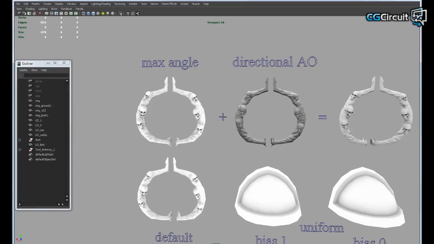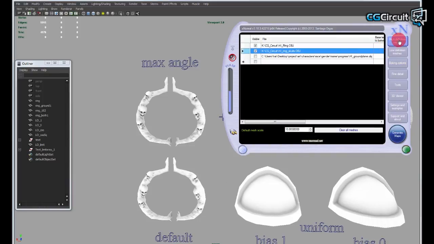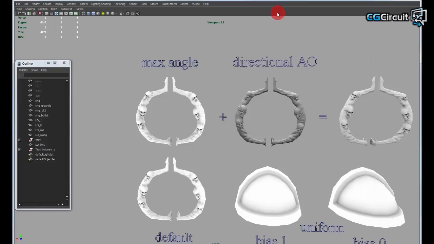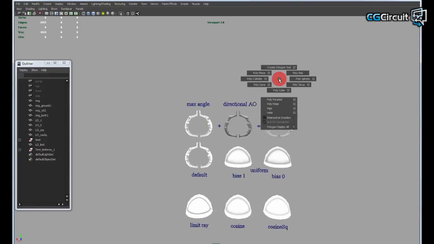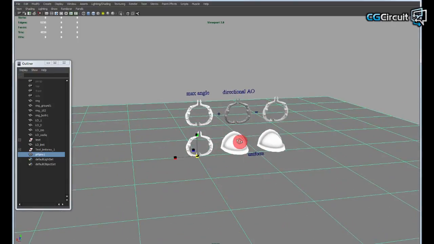If you go back to XNormal here, and go back to high definition meshes, I have a ground plane added here. If I check that on and render it, then I get this kind of effect. So that's essentially the same thing as just adding a floor underneath your objects like this.